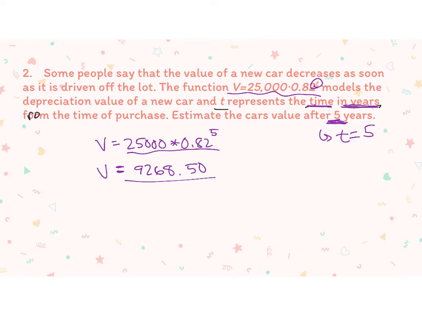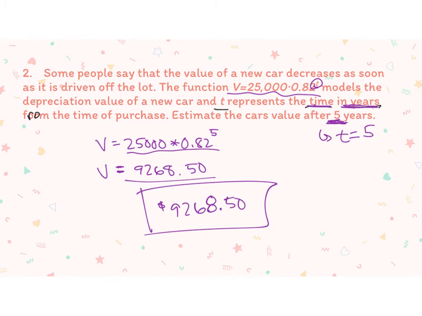But again, I have a question with words. All of these word problems are going to need labels with their answers. So I'm talking about the value of a car. This is in dollars. So I would say $9,268.50 with my dollar sign there. That's enough to label my answer so that the context of the problem is given.